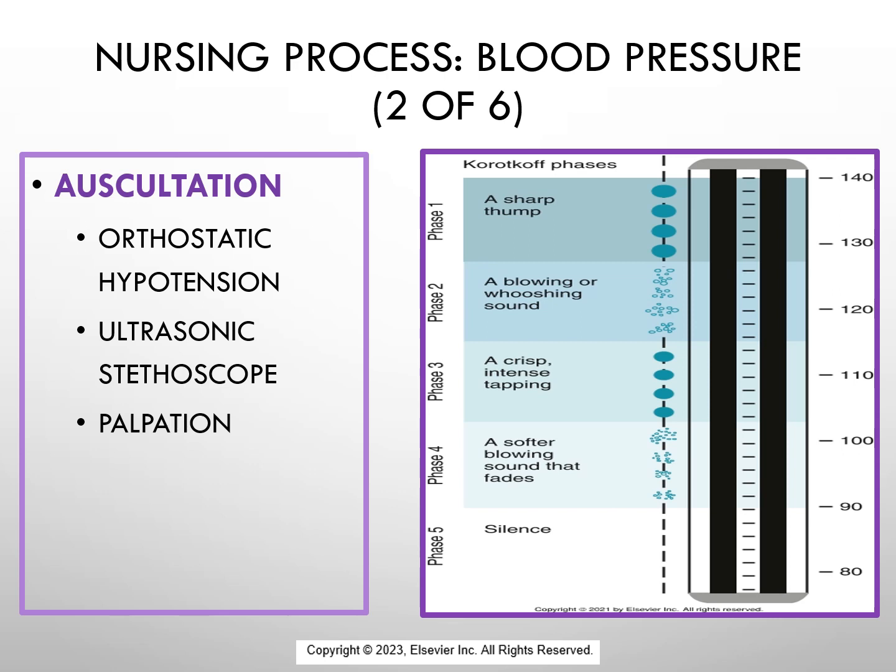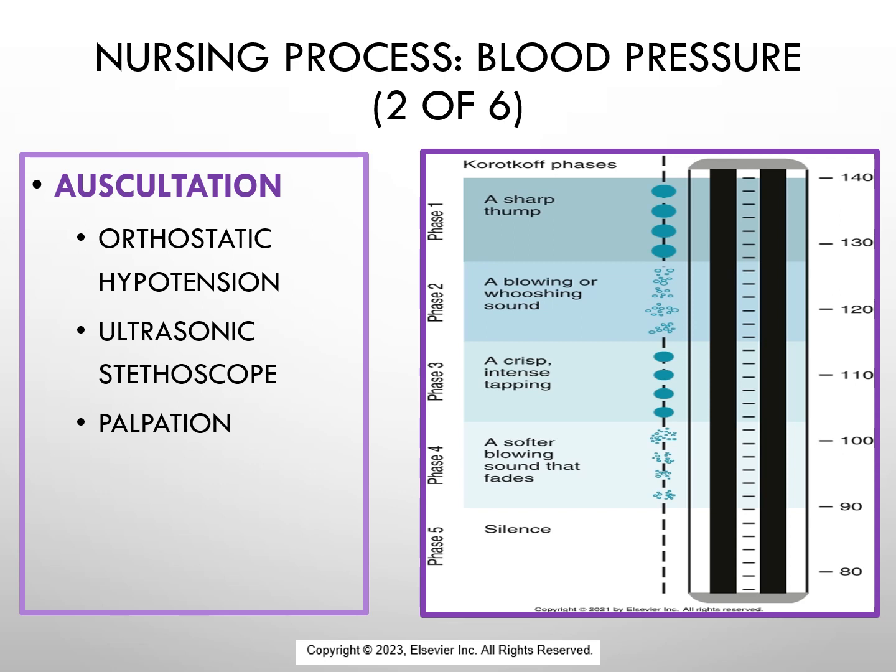Now, the other part of the slide is carotid cuff phases, and these are different sounds you hear when you take blood pressure. Your carotid cuff, and I don't know if I'm saying that right, but these are different sounds that you'll hear when you're taking a blood pressure, and you can see here the first sound you hear is a sharp thump.